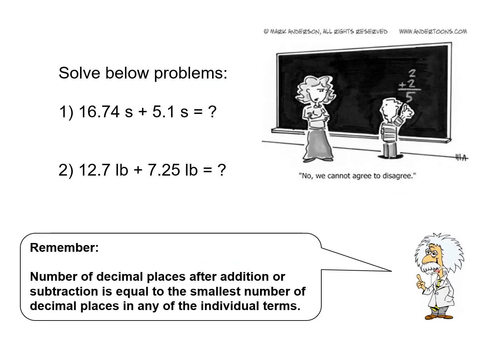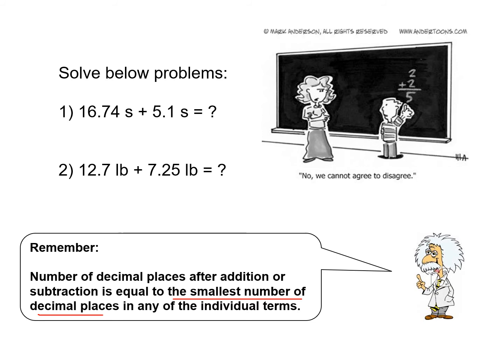Okay, so these are problems that involve mathematical operations, which is addition. So remember, the number of decimal places after addition or subtraction is equal to the smallest number of decimal places in any of the individual terms.